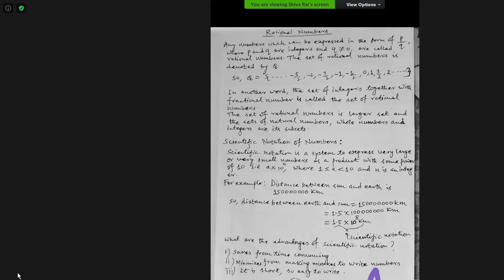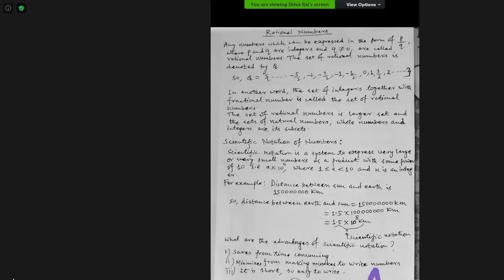So 1.5 into, look here, the decimal is before this 5. In the beginning you can consider the decimal to be after the final digit, after the last 0. But the decimal is shifting here. How many places is it shifting?